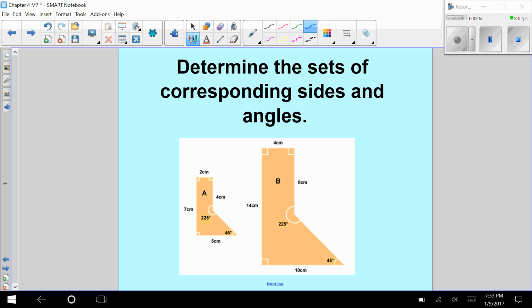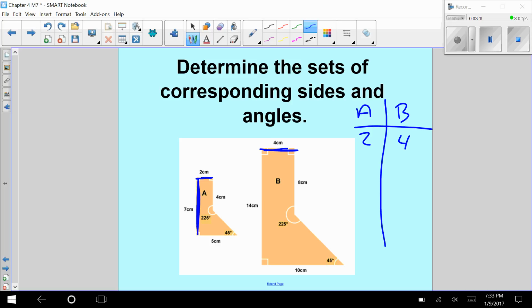So let's kind of make ourselves a little table. A part in A corresponds to a part in B. Remember, this figure here is A, this figure over here is B. Let's look at side lengths first. This 2 in A matches up with that 4 in B because they are in the same position.